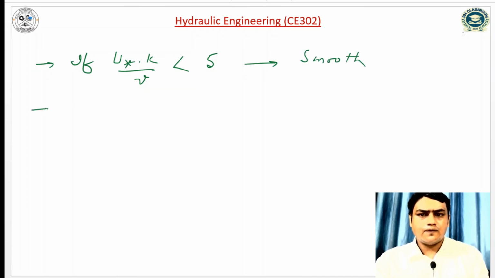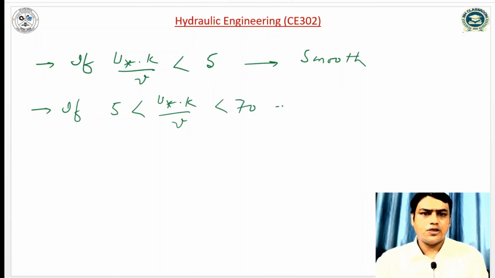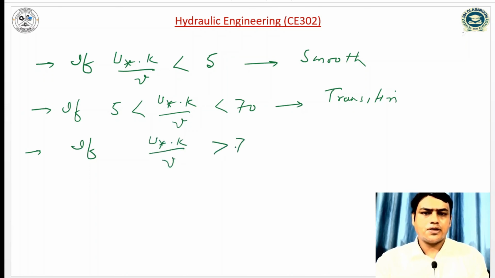If the value of u star into k by nu lies between 5 and 70, then it is transition. And if u star into k by nu is greater than 70, then it will behave as rough.